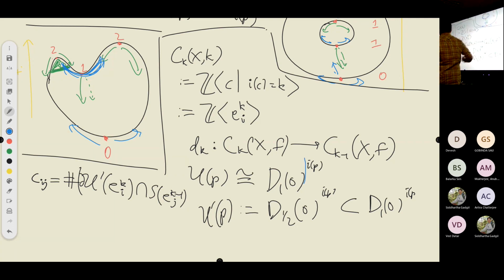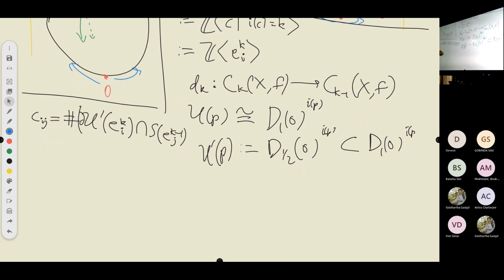And so how we'll define our differential is as follows. It's just going to be d e_{k,i} equal to the summation over j of c_{ij} e_{k-1,j}.